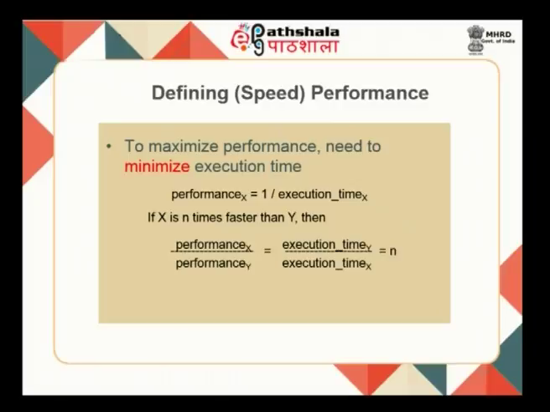So, when the execution time of a processor is n times higher than that of the other processor, the performance is the other way around. So, decreasing response times always improves throughput.